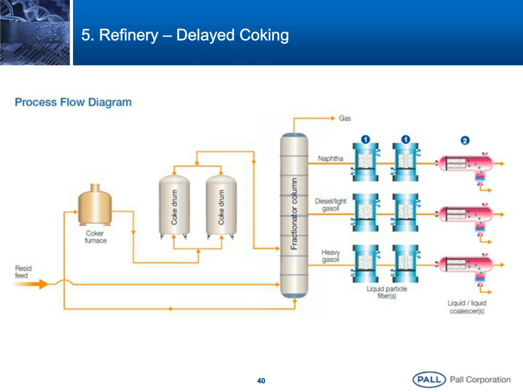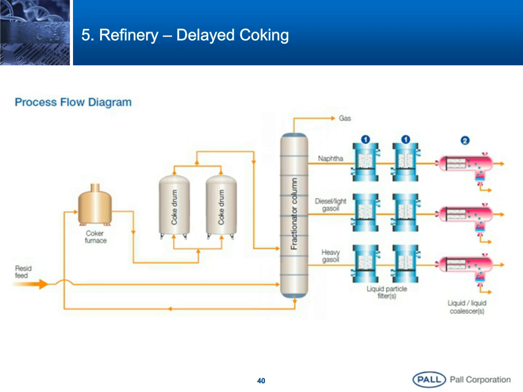Here we're touching on applications in delayed coker units. Coking is a process found in many refineries to take resid from the atmospheric or vacuum units and break these products up into value-added components. Typically, you will have your flow coming into the fractionator column, mixing with some of the material, doing a recycle in the loop.